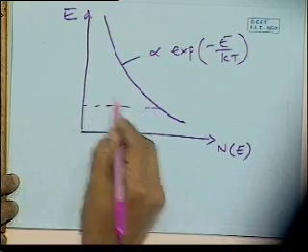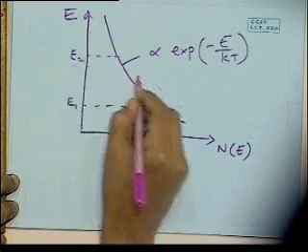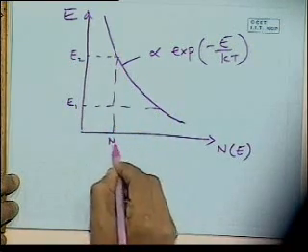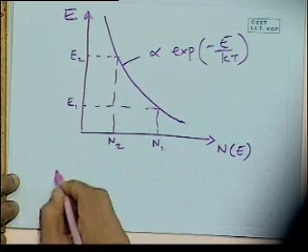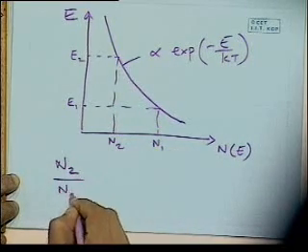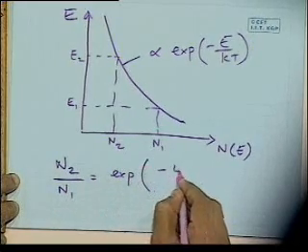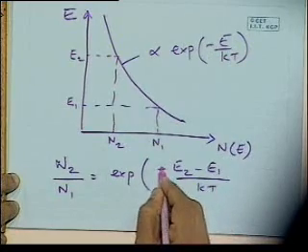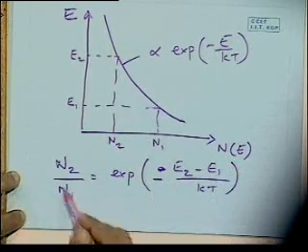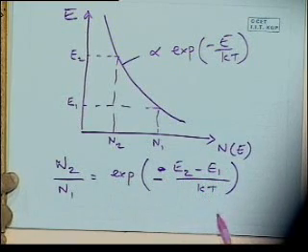Consider any two particular energies, E1 and E2, and correspondingly N1 and N2. What we immediately have from the equation is that N2 by N1 is equal to exponential minus (E2 minus E1) by kT.